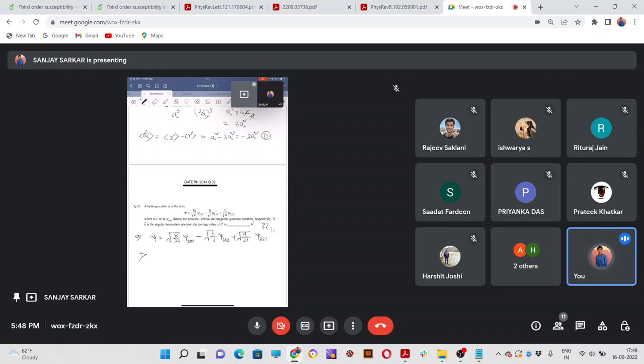You need to know the expectation value of L square is L into L plus 1 h bar square. Use this property, the eigenvalue of L square is this, then you can find out the average value of L square in this given state.